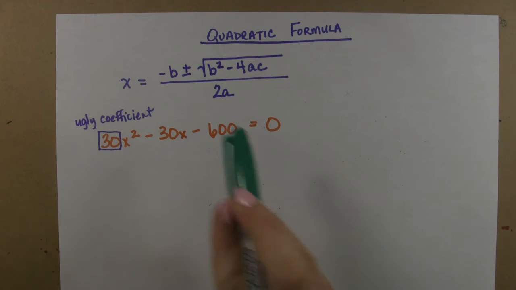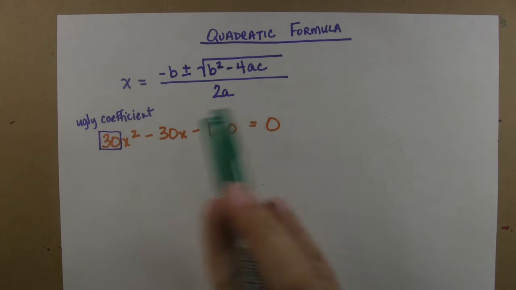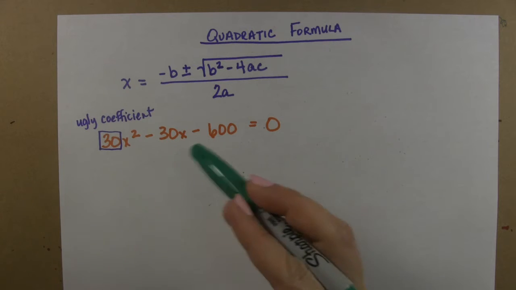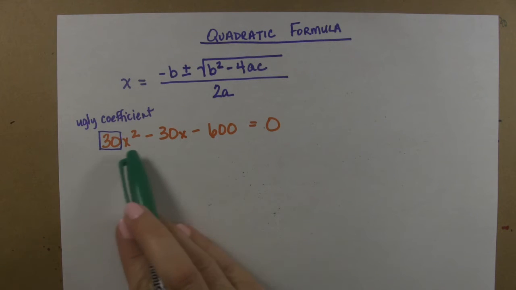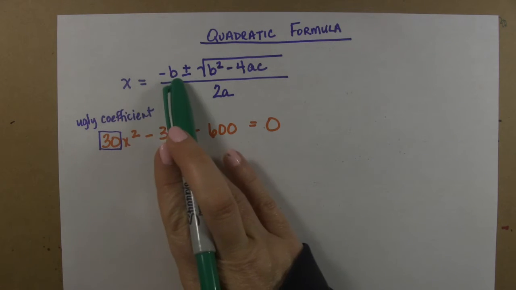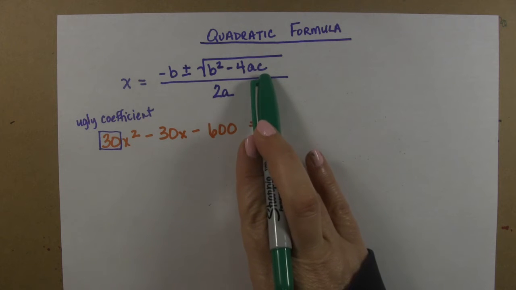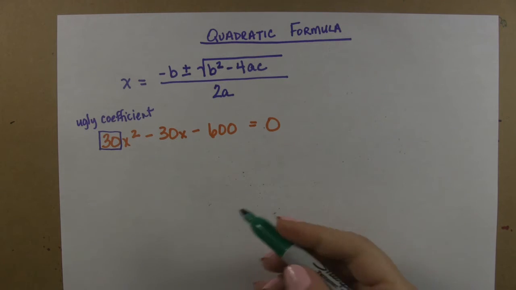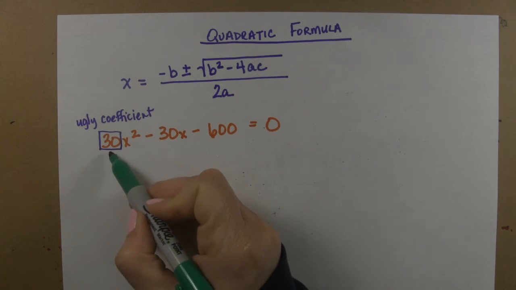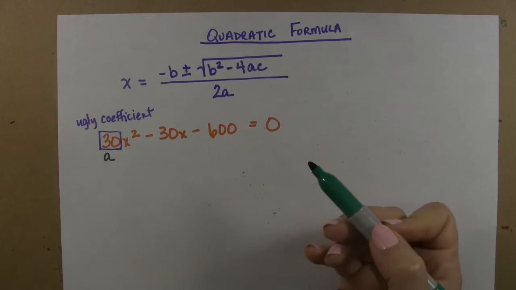So if you look at your quadratic formula, you'll see that you have lots of letters here. X, that's what we're solving for. That's this x right here. B, A, and C are the other letters that we have. This first term, the first coefficient, that's your A term.